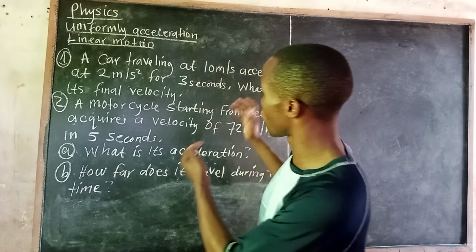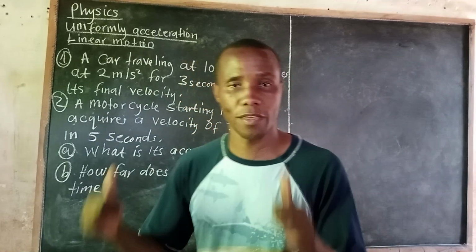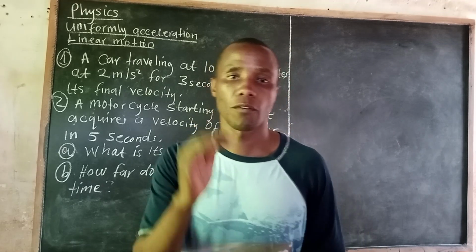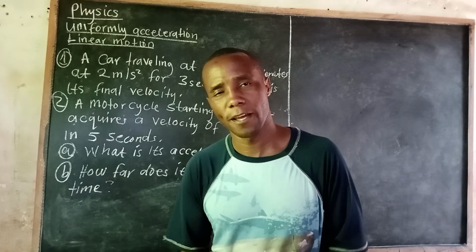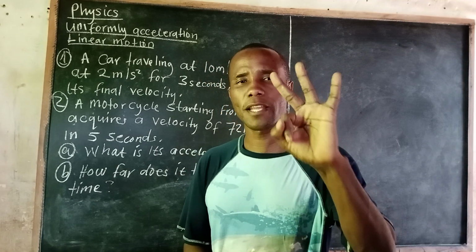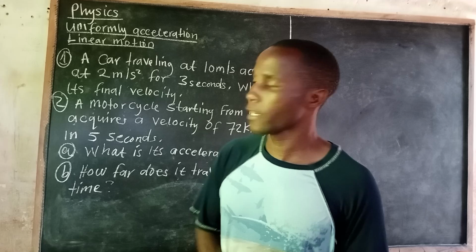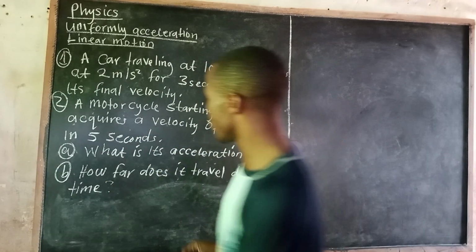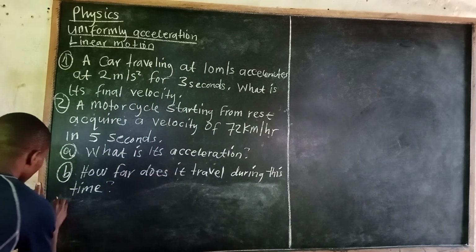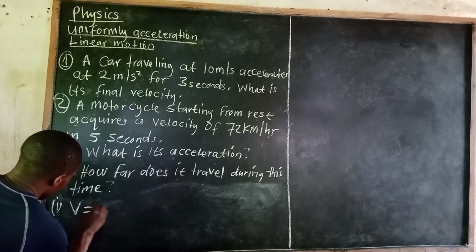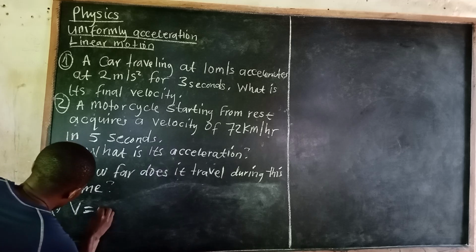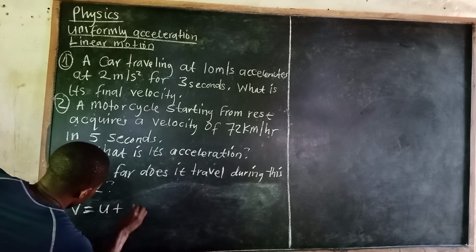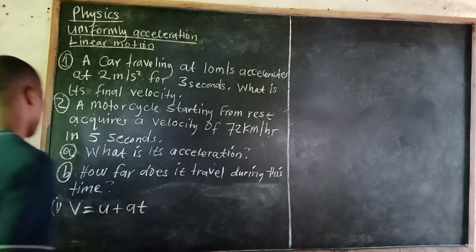What is it that you are supposed to know to proceed with these types of questions? First of all, I would encourage you to master three main formulas that you may use to answer these questions. One: final velocity is equal to initial velocity plus acceleration times time.